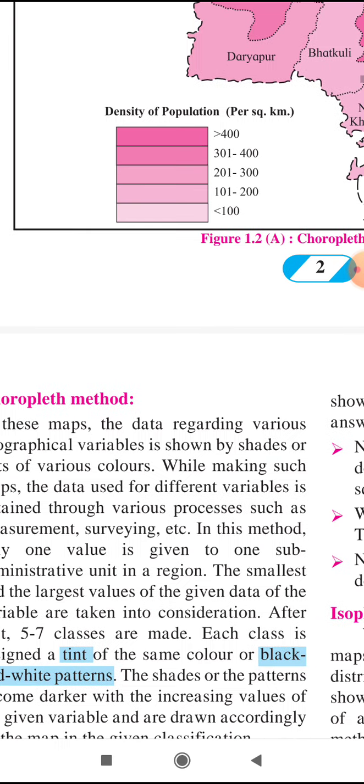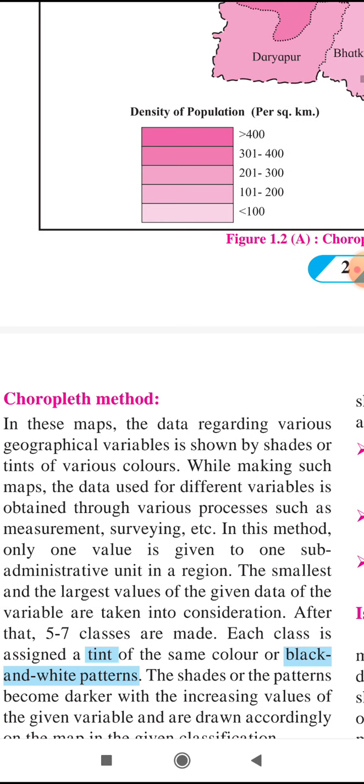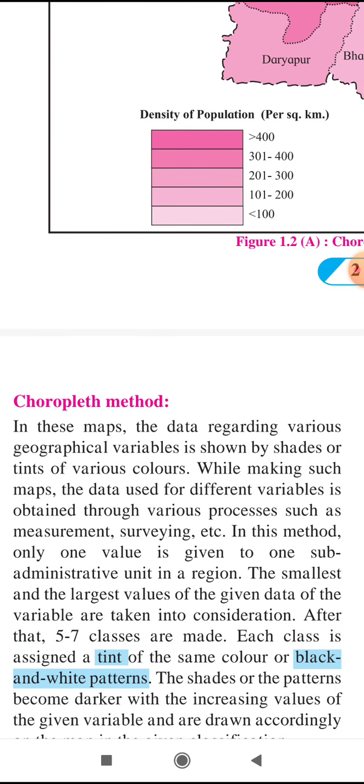Once again, see, students, in this map the data used for different variables is obtained through various processes like measurement and surveying. Means data is collected through measurement or survey, and in it the tints or shades of colors are used, and one shade of a color is used for one sub administrative unit.